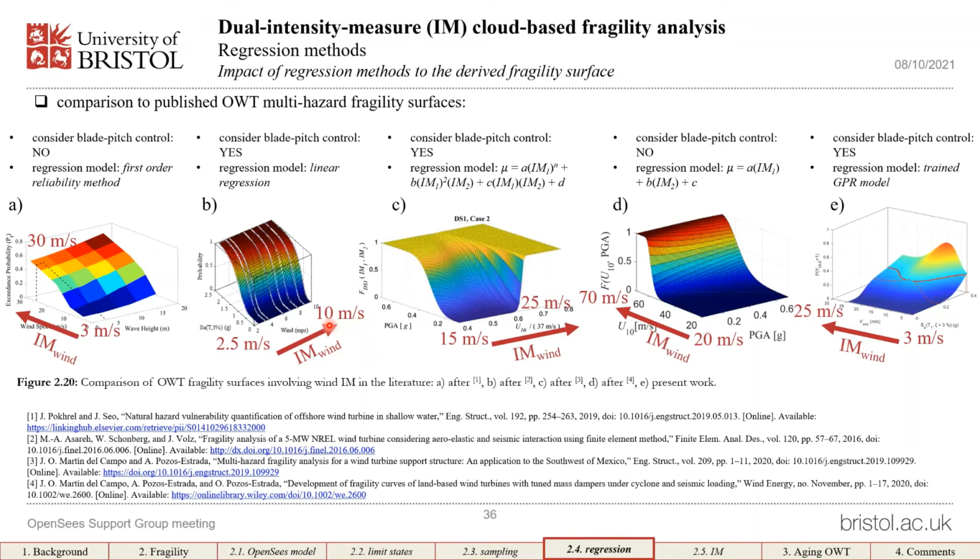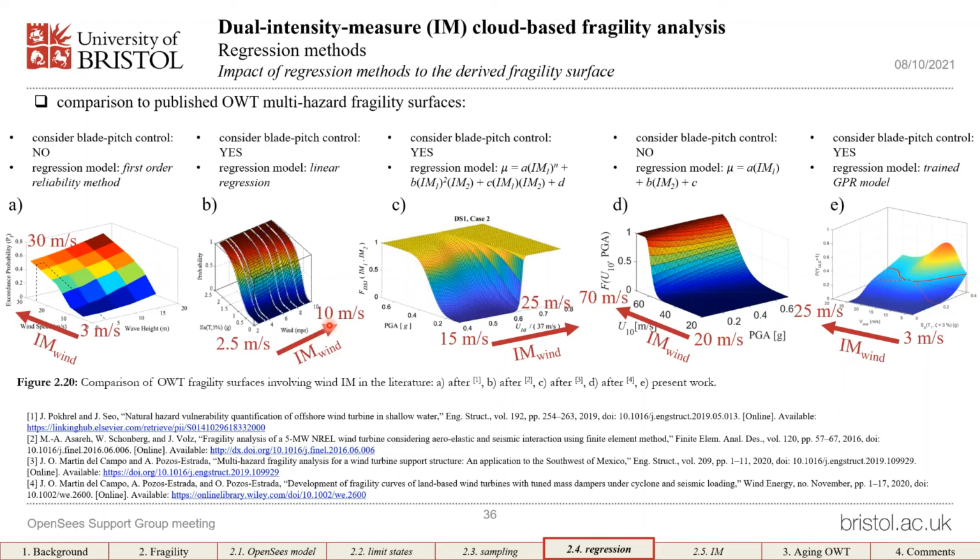I think it's site specific. Am I right? Sorry, can you please repeat? In some locations, it might be a stronger wave load that governs the fragility surface. Well, yeah, of course.